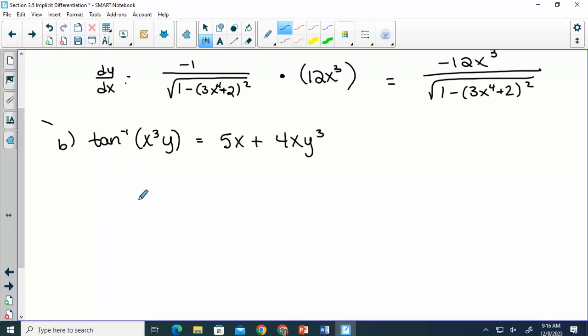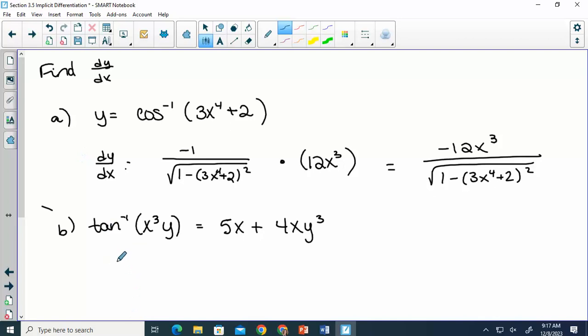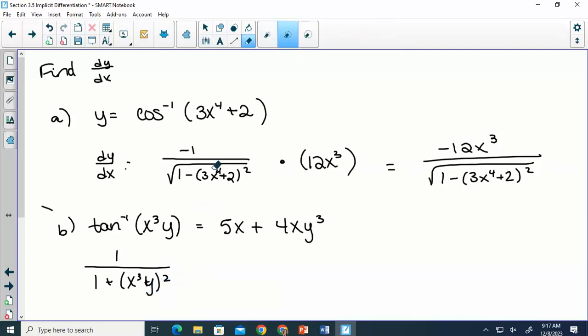All right. Derivative of the outside. Derivative of tangent inverse is 1 over 1 plus the argument squared. So 1 over 1 plus x cubed y squared. Times the chain rule. So derivative of x cubed y.